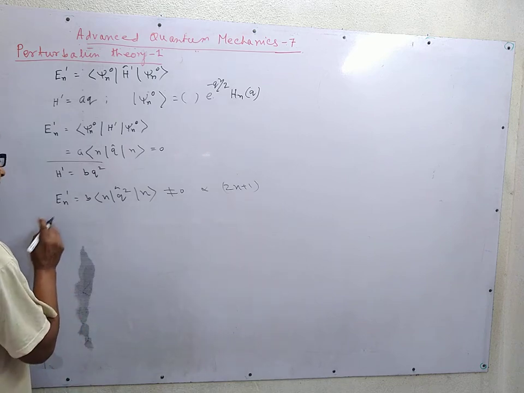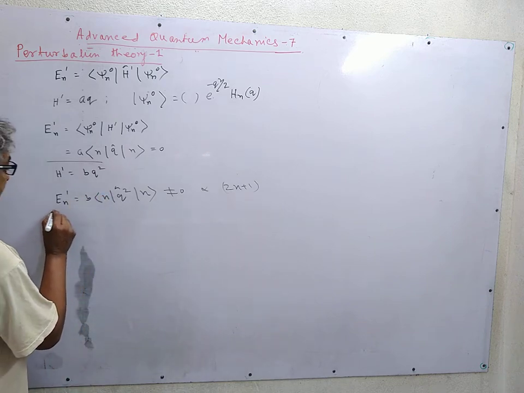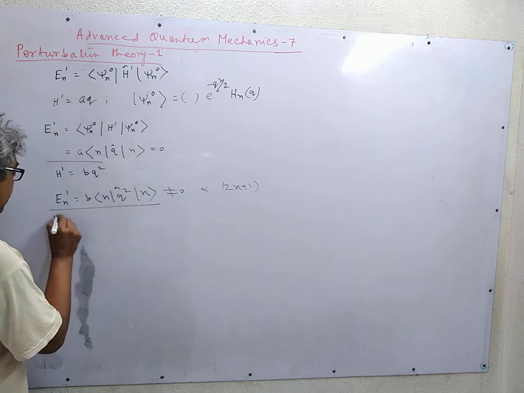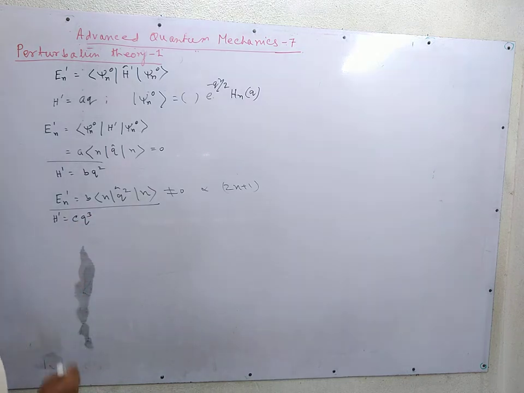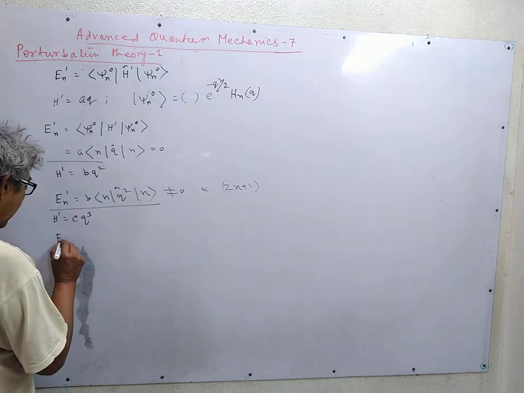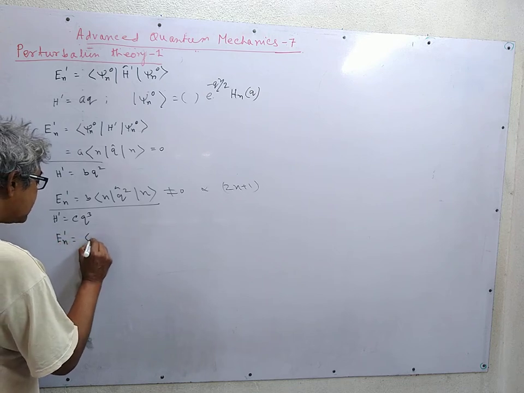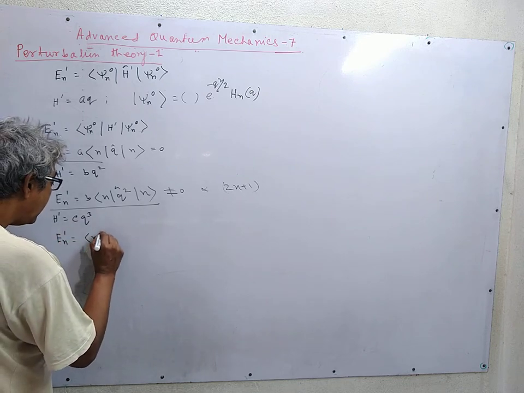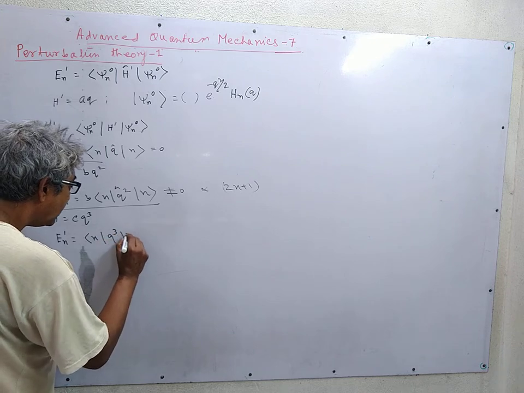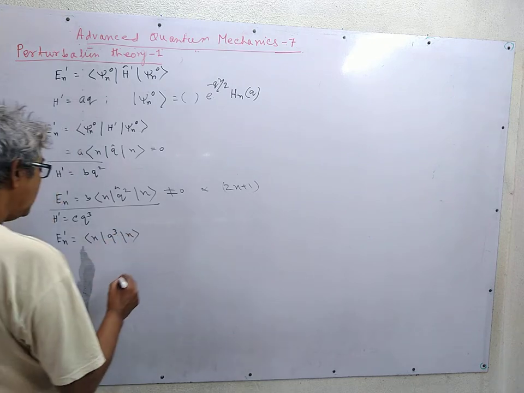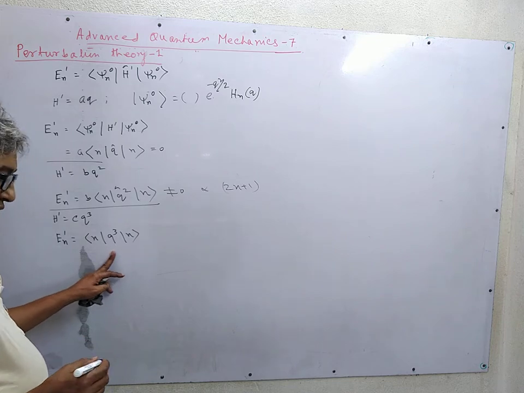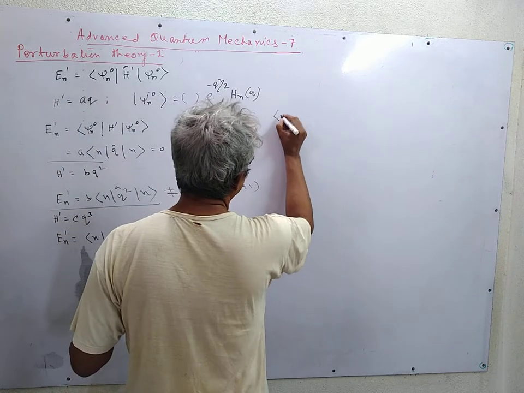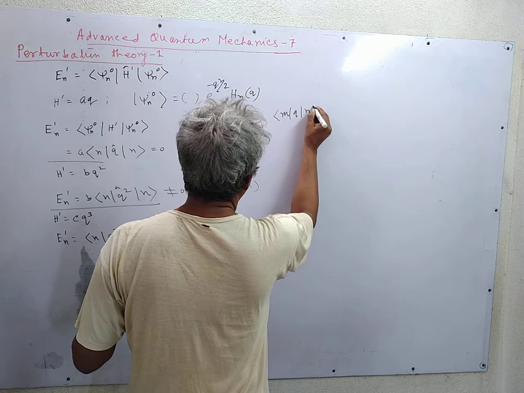If we have a cubic perturbation, H prime is c q cube. In this case we are to calculate En1, this is n q cube n. Then we may use our earlier calculation regarding the matrix element, that is m q n.